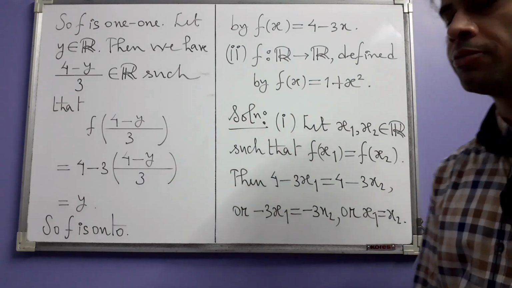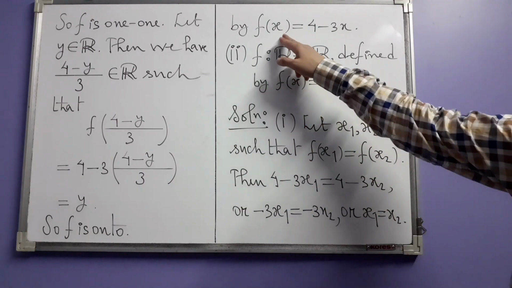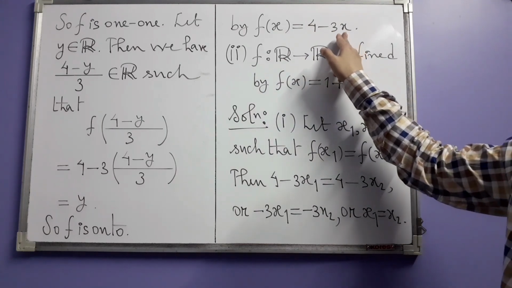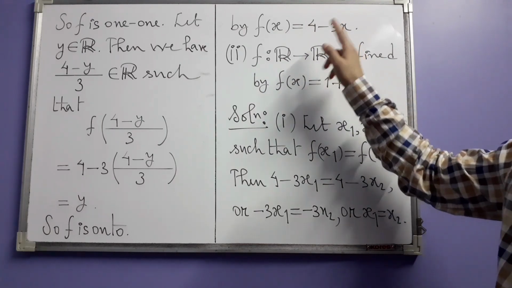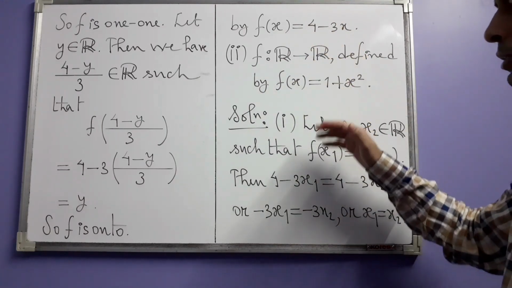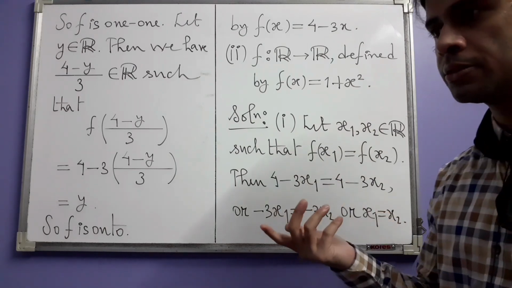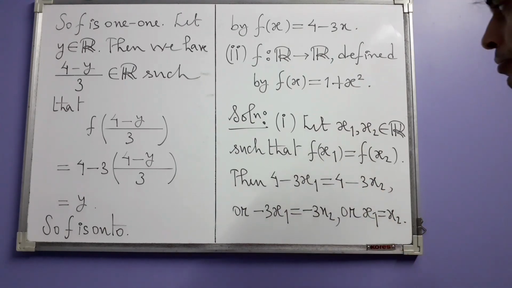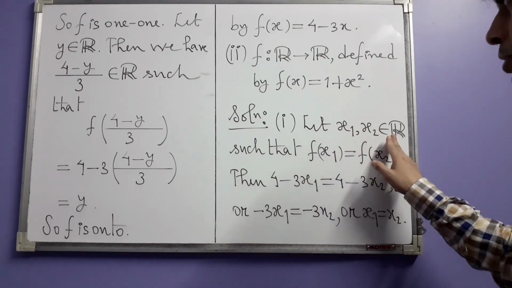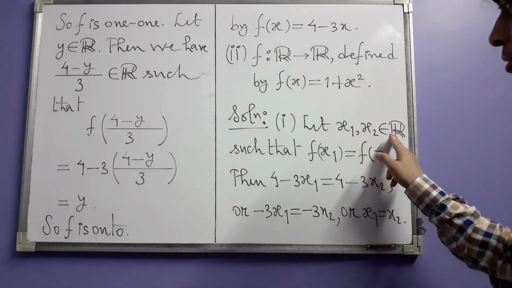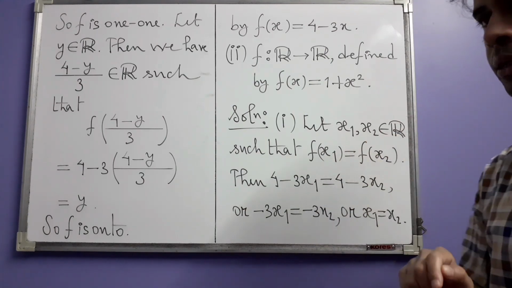So number 1 first. Here the function is 4 minus 3x. The output is 4 minus 3x if the input is x. So first we show that the function is 1-1. It actually is 1-1. So for that we take any two real numbers x1 and x2 such that the function values are equal.